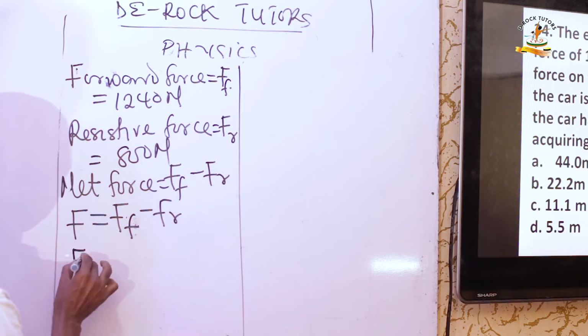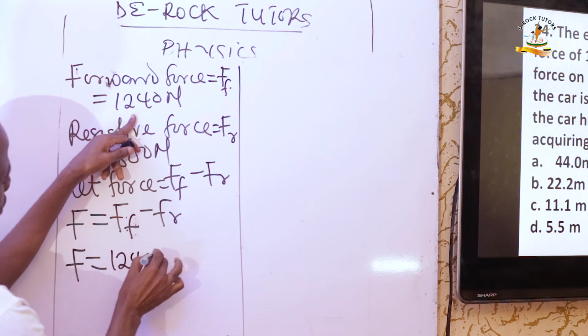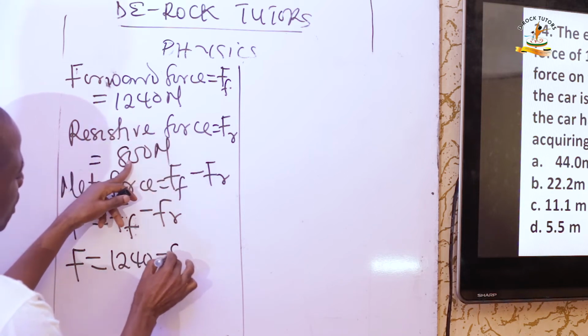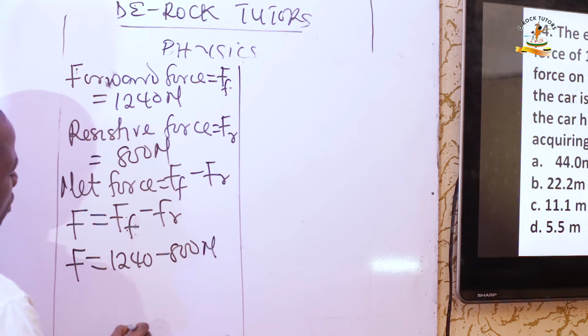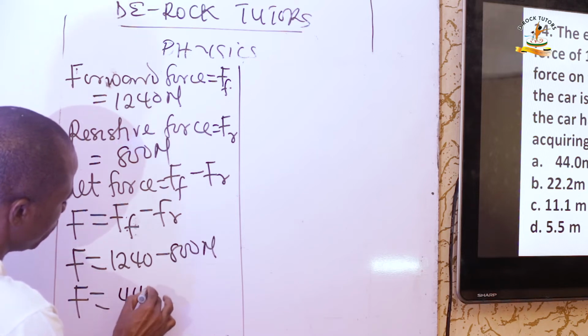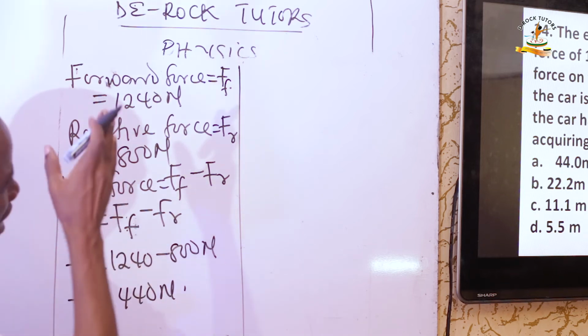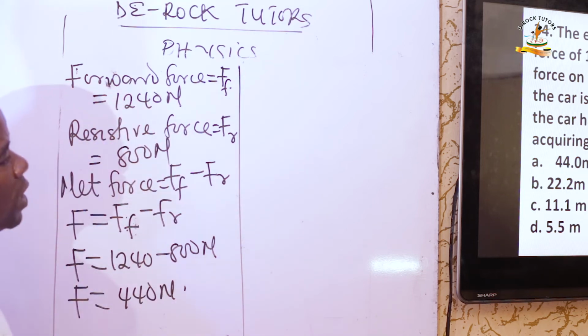So our net force gives us the forward force 1,240 Newton minus the resistive force, that's 800 Newton. So the net force now, if we subtract this, 1240 minus 800, gives us 440 Newton. That's 440 Newton. Now this is the net force acting on this particular engine.